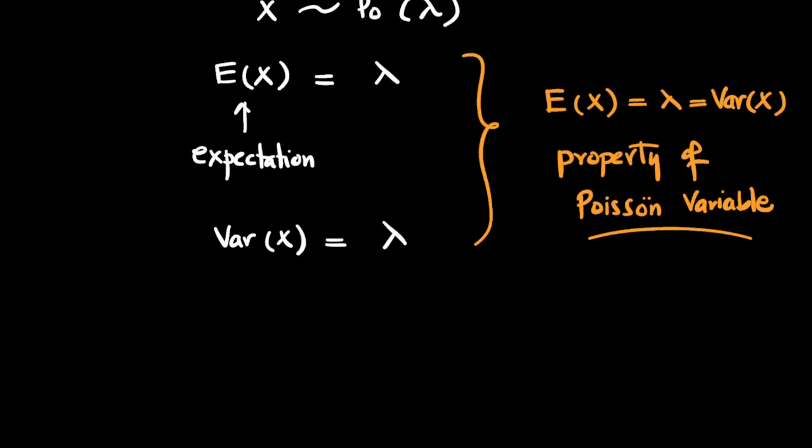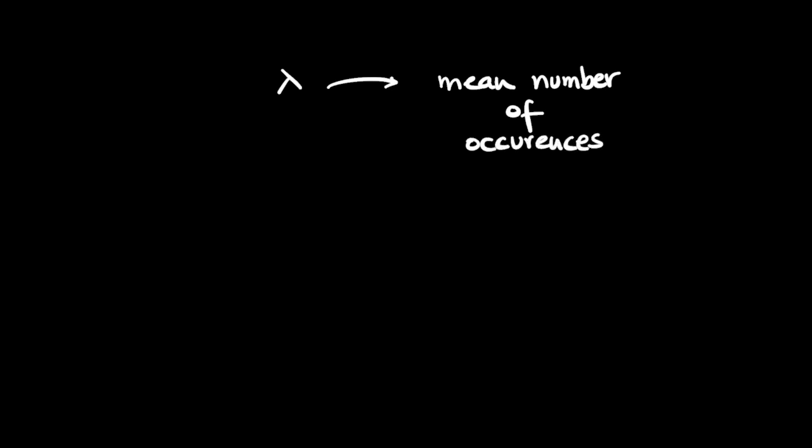Now, there are certain conditions that apply to a Poisson variable, and in particular, they apply to the mean number of occurrences within a specified time or space interval. The first condition is that the mean number of occurrences occurs singly.